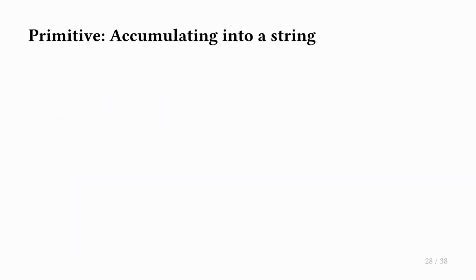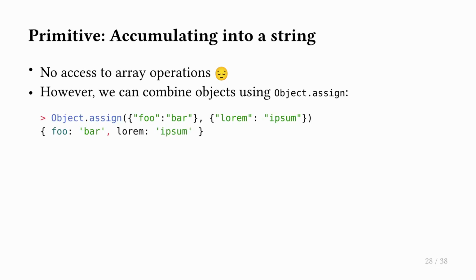Now we want to combine characters into a string to get to the actual payload. But as I said, we have no operations for that, so again we need to find a hacky solution. There's definitely no way to call a function with multiple parameters, so we need something to accumulate stuff slowly together to slowly build up the string.